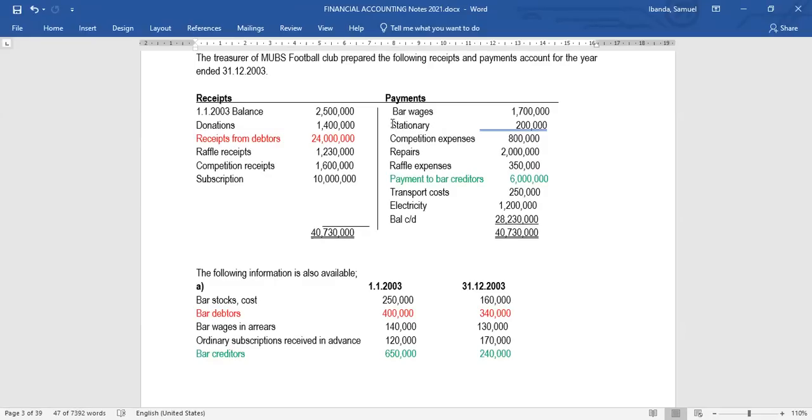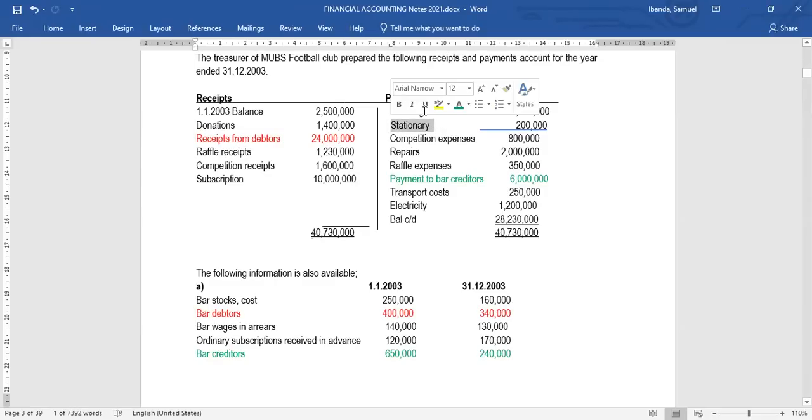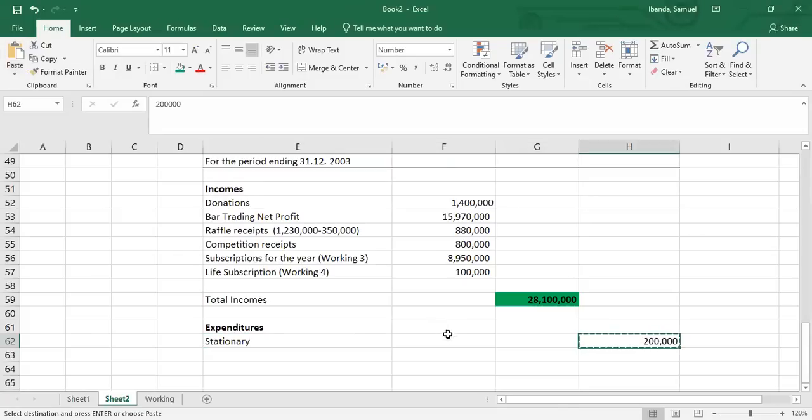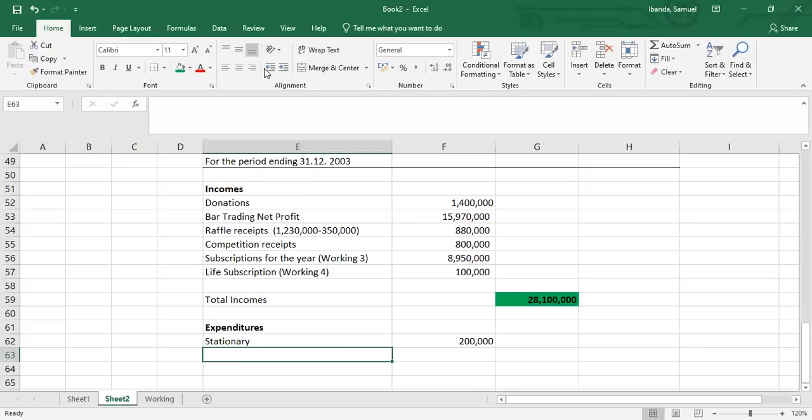But right here, we have our stationery. I will leave out the bar wages because I already used the bar wages in the trading account. So I'm going to look at stationery, which is 200,000, and that is what I'll take to the other side. Stationery, I'm recording my expenses there.